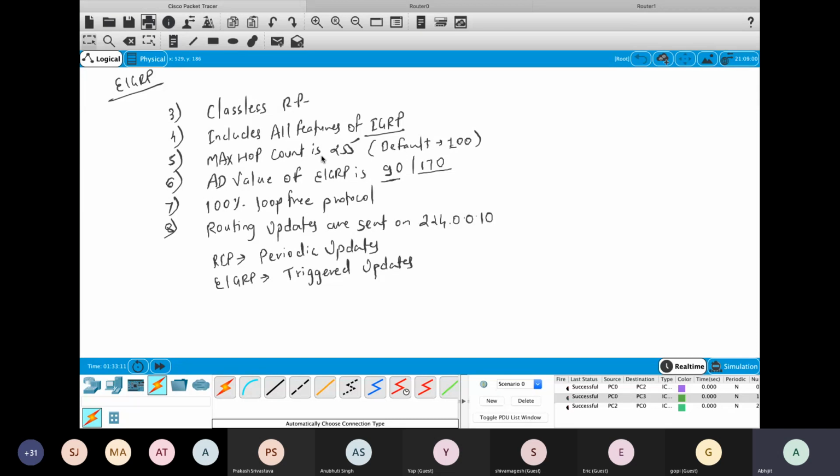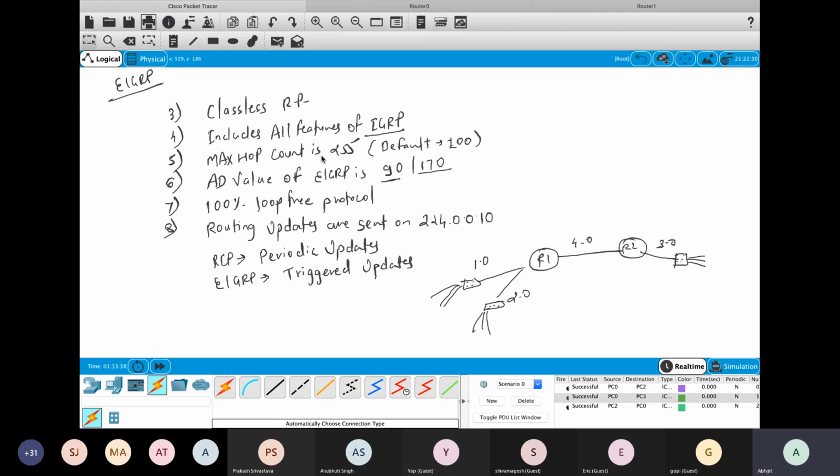What does this mean? For example, if you have a network like this, and then there are multiple networks. This is one switch, this is another switch. You have PCs connected over here. This is 1.0, 2.0. And then you have another network over here, which is 3.0, and it is connected with 4.0.